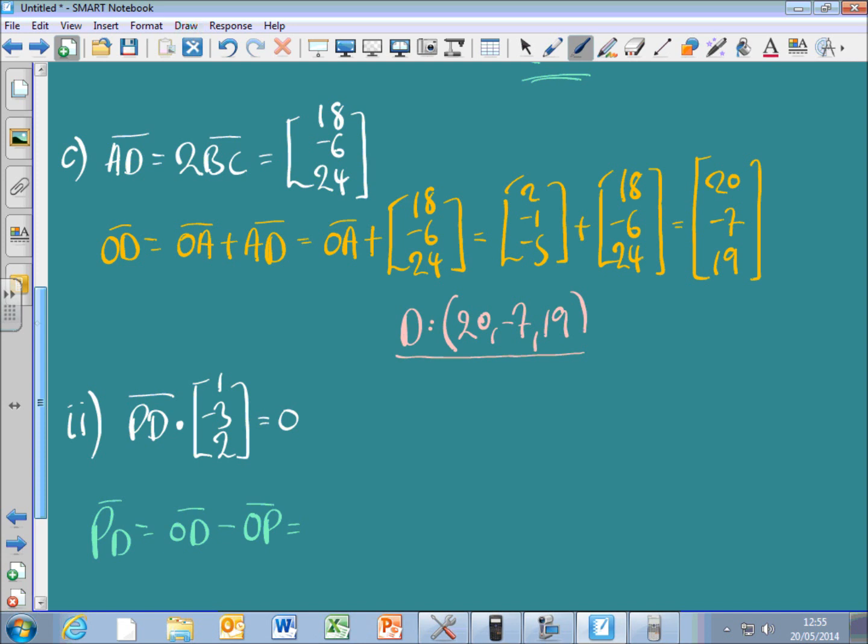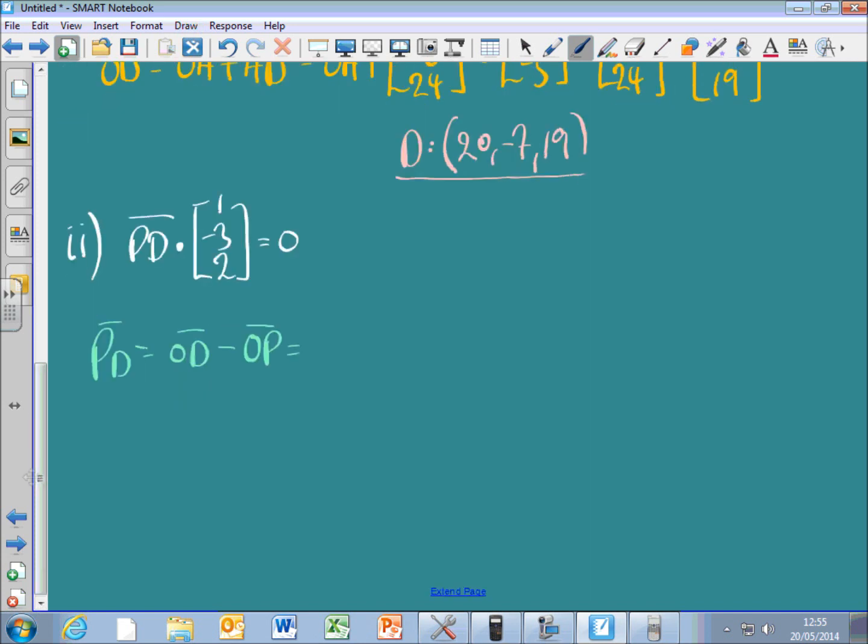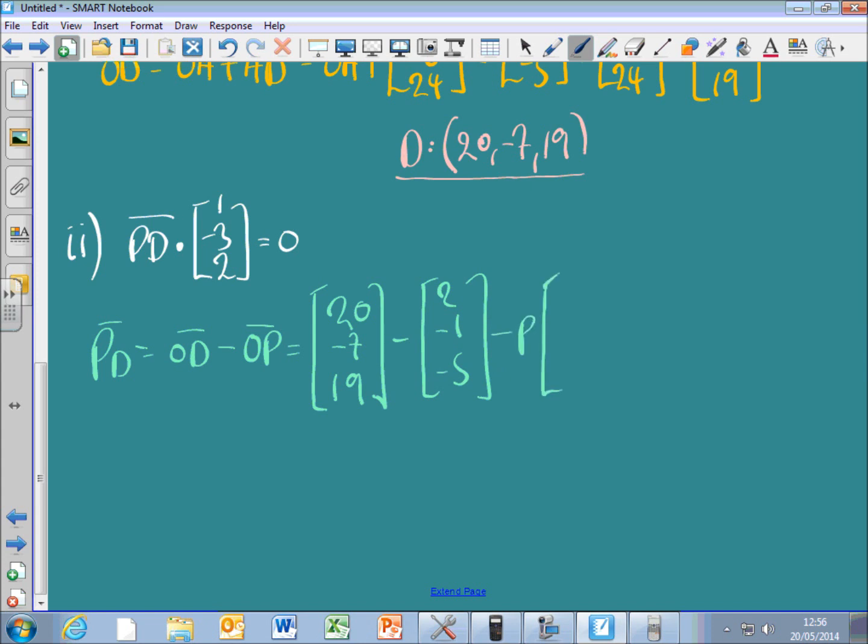O to D is (20, -7, 19), and I'm going to take away O to P. Well, O to P is a point on the line, so I just put the line equation in for this, for a particular lambda, P. And so I just put all this together, so I've got 20 take away 2 is 18, minus P on the top line.